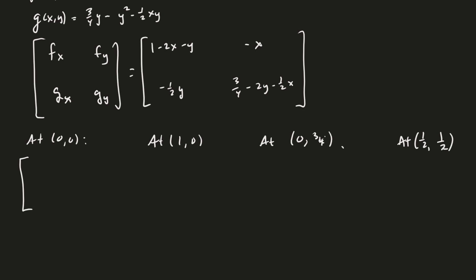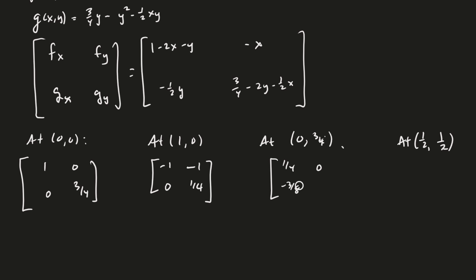Okay, so at (0, 0) we get the matrix 1, 0, 0, 3/4. At (1, 0) we get minus 1. You can double check these. I'm just going to write them down to save us a little bit of time. At (0, 3/4) we would have 1/4, 0. Then for the y we get minus 1/2 times 3/4, which would be minus 3/8.